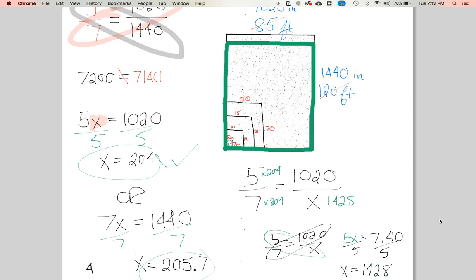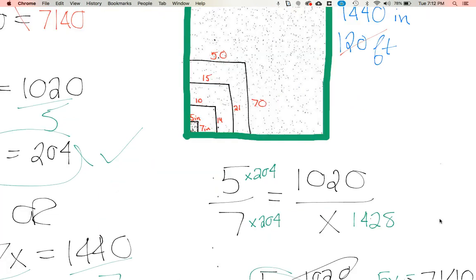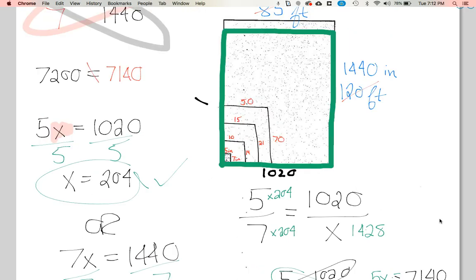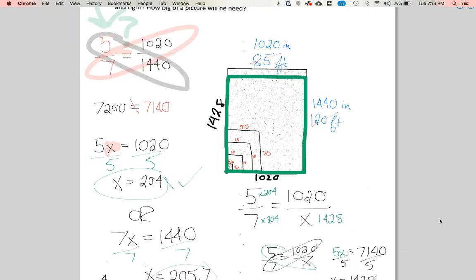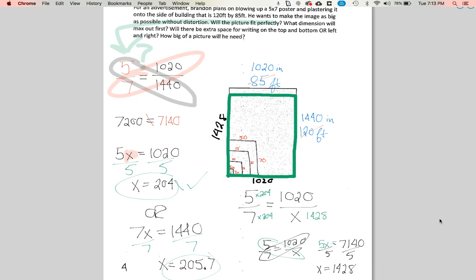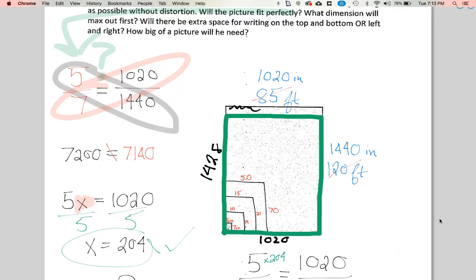So our image is going to be 1020 by 1428. That's how big the picture will be. And then we save some space up the top. Maybe we can write something up there for the advertisement.